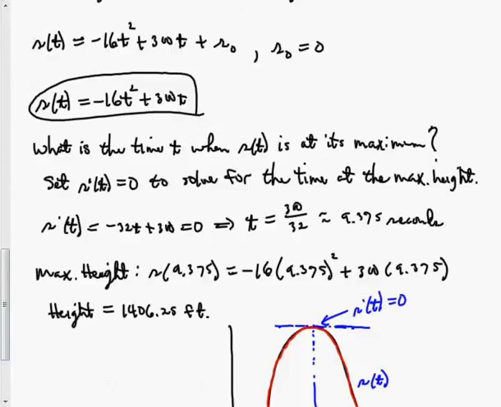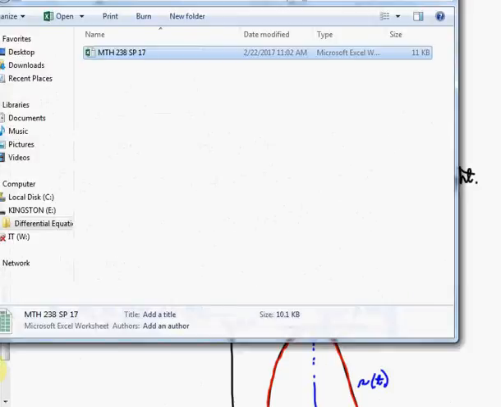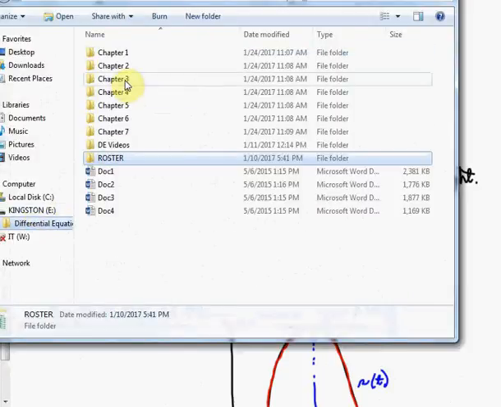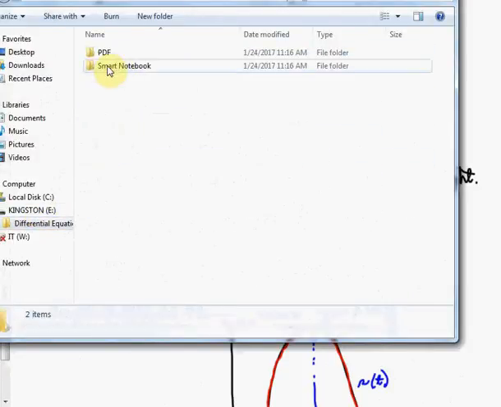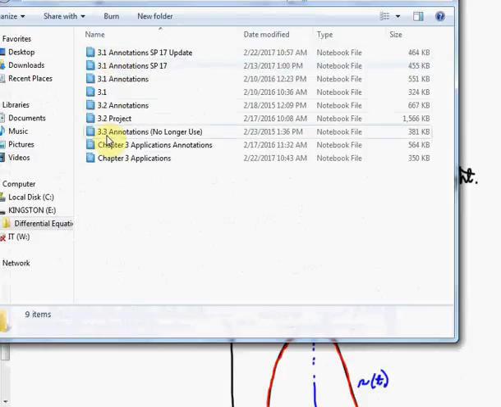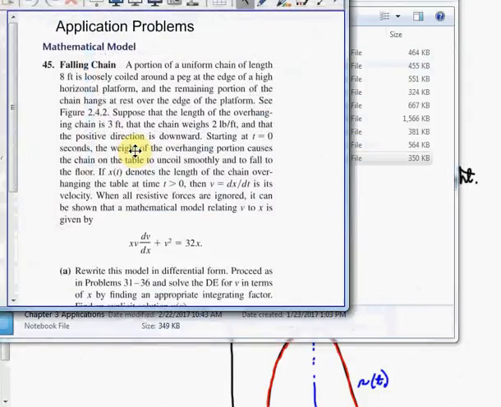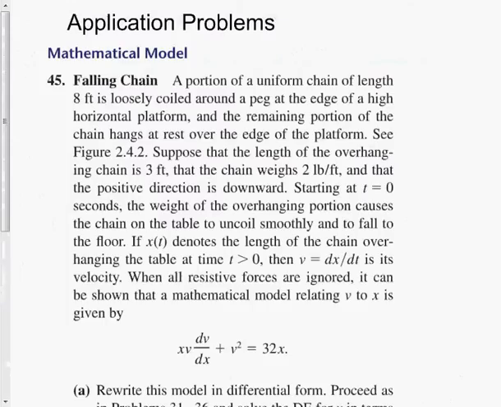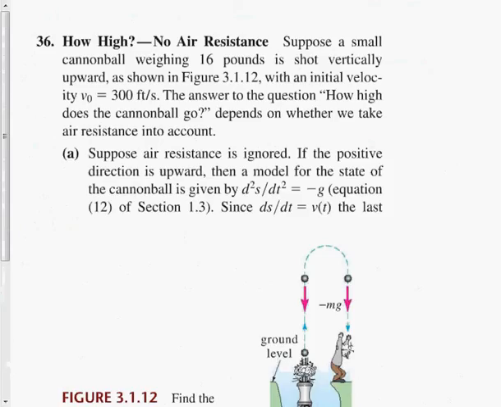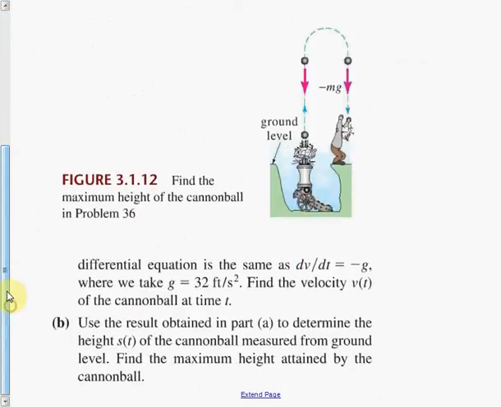I'll give you some time here in class to finish that, and then I'll come back and work one more problem, and we should be done for today. Let's put this problem in. So this is the problem that we just got through considering.